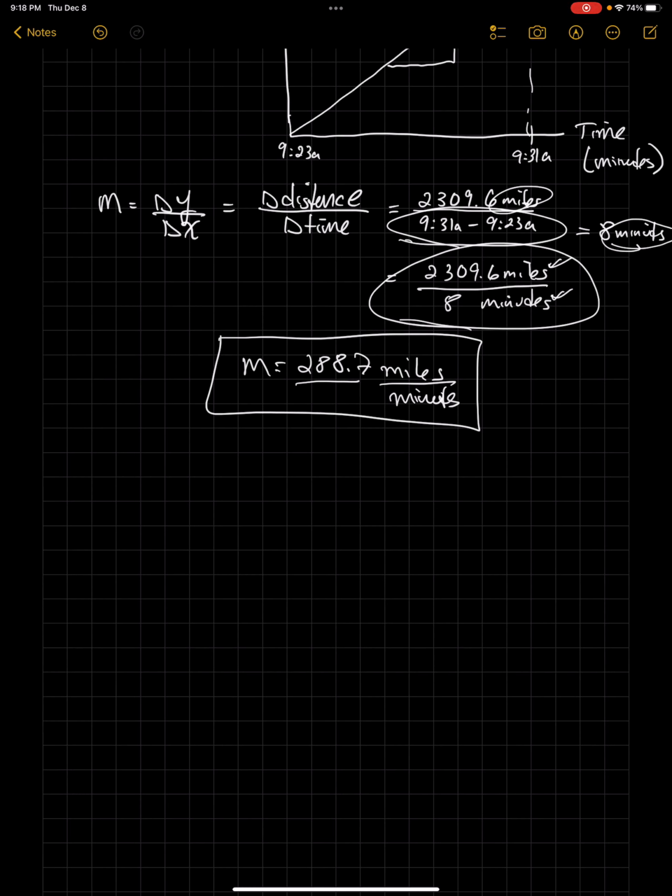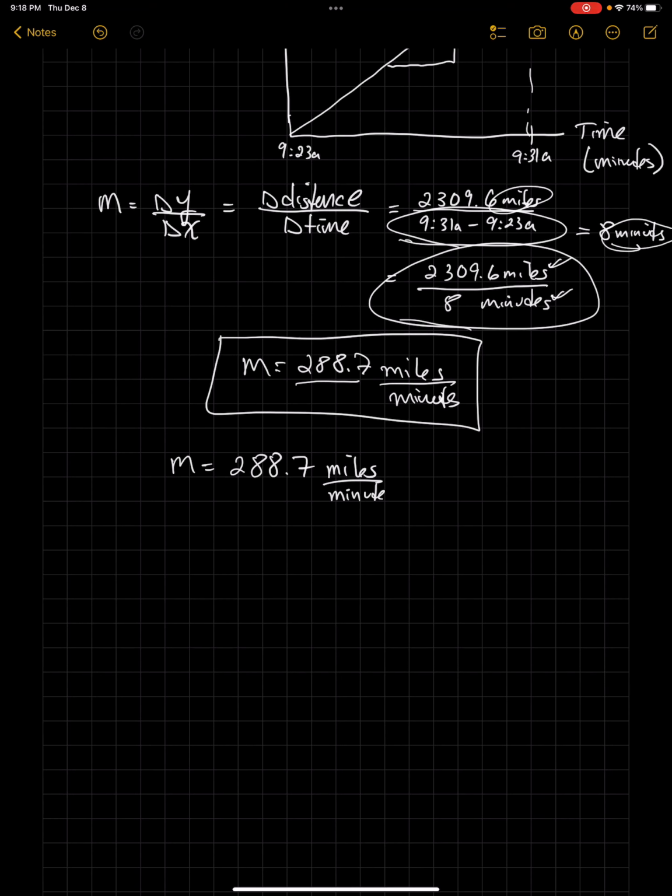So we can convert this to miles per hour, where we simply do a conversion. I write out my 288.7 miles per minute. Using the way I've written my units, I want to convert miles per minute to miles per hour. I have minute in the denominator, but I want hours in the denominator.